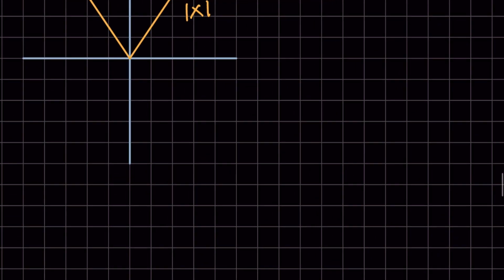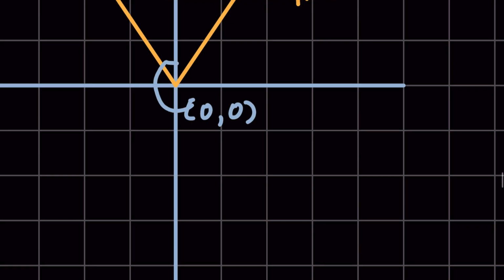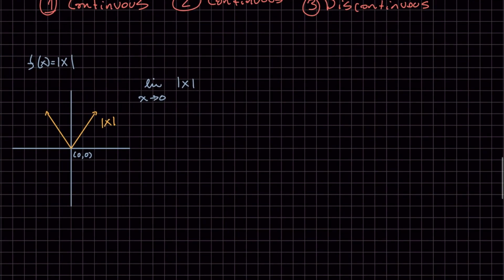We see here at the origin (0, 0) that there's this really, really sharp point, and it looks a little odd, and it could get into the territory of feeling discontinuous. So we want to know whether it's continuous there or not. How can we do that?